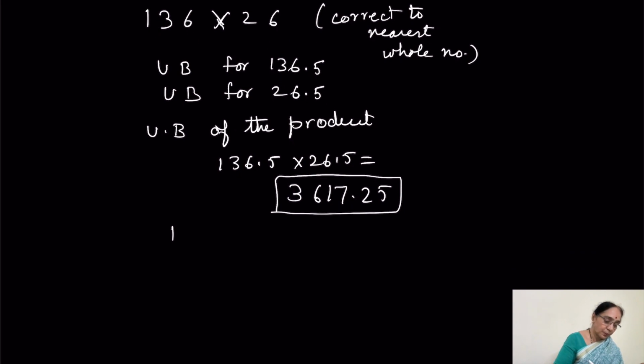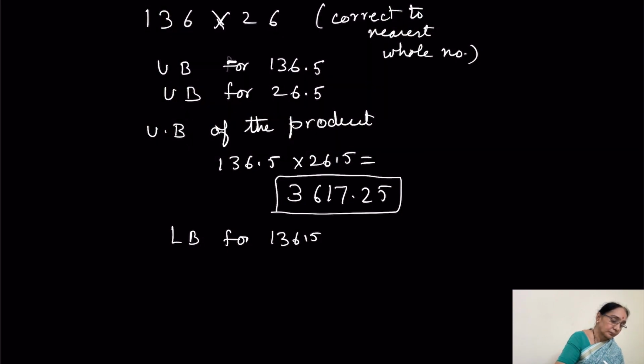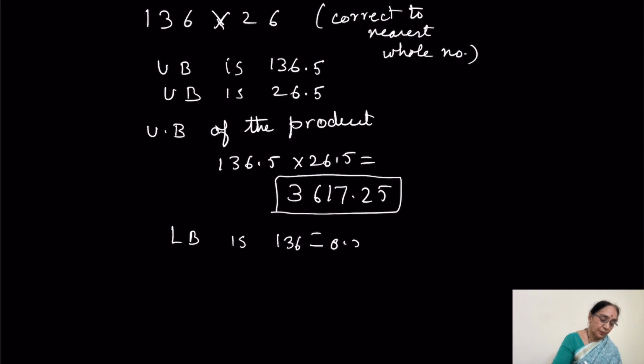Now what is the lower bound? You tell me now, what is the lower bound for 136? It is 136 minus 0.5, which is 135.5.